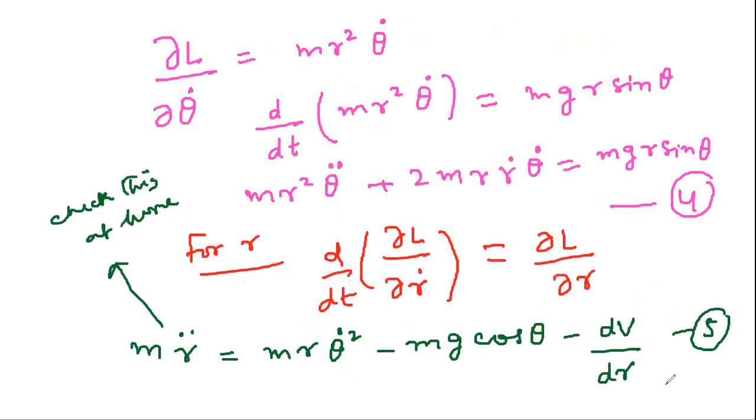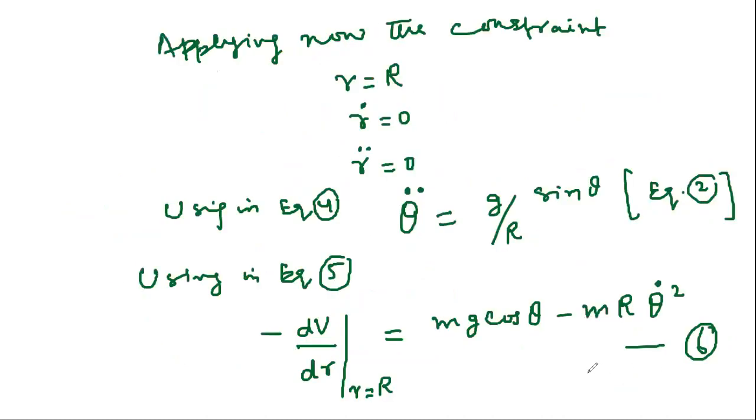See, go to equation 5. I restrict here r double dot is 0, so this term is 0. Then these two terms I take to the left side: one will become mg cos theta, second will become minus mr theta dot square, where small r is capital R, the constraint we have imposed, equal to the derivative of v with respect to r, but at small r equal to capital R. What is that? mg cos theta minus mr theta dot square.